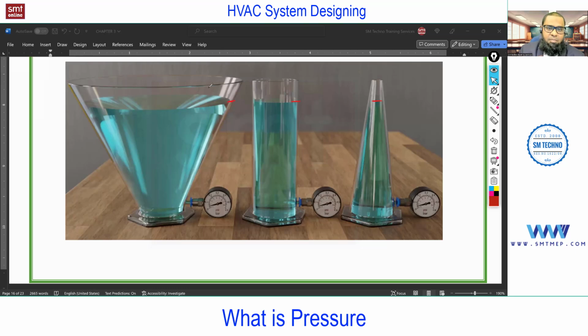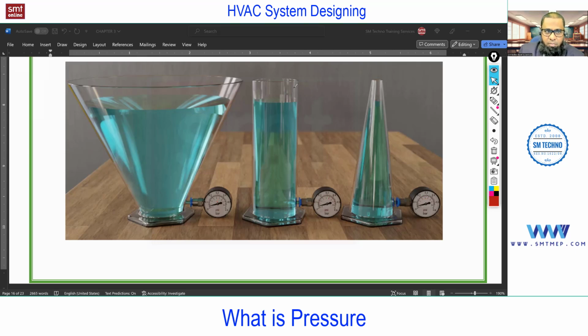This is a practical example. The pressure gauge is added. Since the height of the liquid column is the same and the type of liquid is also the same, you can see the pressure reading in all the gauges is the same. So now the conclusion is, pressure is force per unit area. I think you got the idea, and now you can relate to the importance of the unit area.